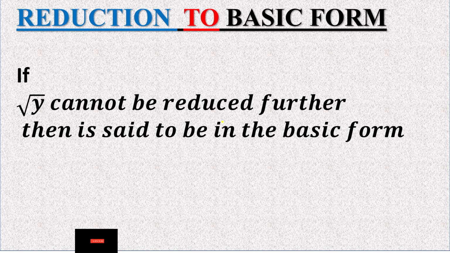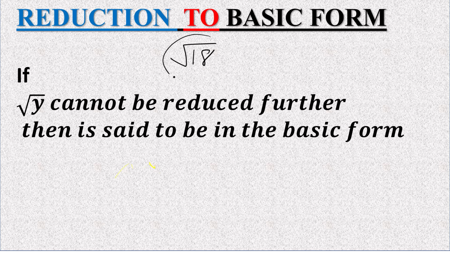reduction to basic form. If root y cannot be reduced further, then it's said to be in its basic form. With reduction to basic form, in case you are given a question, let's say root 18, and you're asked to simplify this one, you need to reduce this one to its basic form.